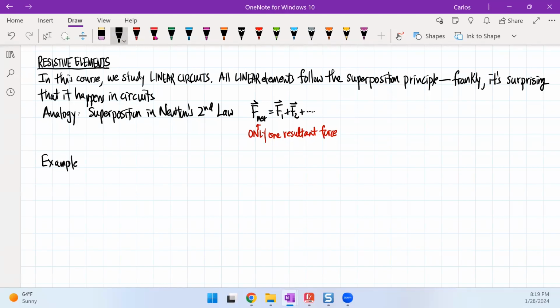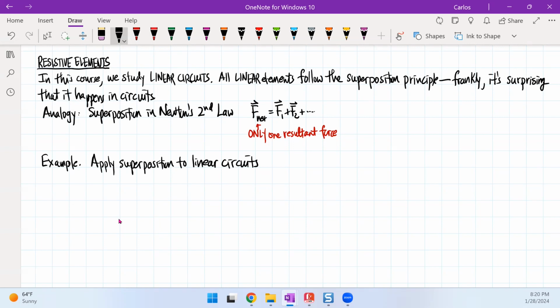In this example, we're going to apply superposition to linear circuits. So let's think about multiple circuits.